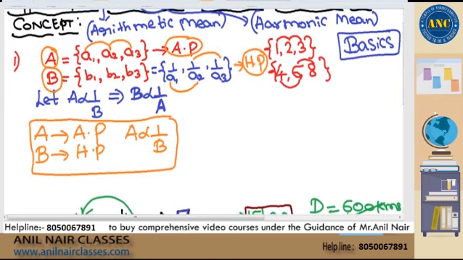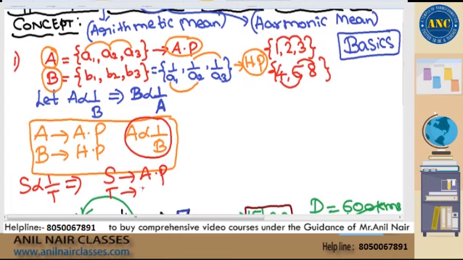Now see here, in this particular topic, speed and time are inversely proportional to each other, right? Similar to A and B. That means, can I say that if speed is in arithmetic progression, then the time period will be in harmonic progression. Or if time is in arithmetic progression, then the speed will be in harmonic progression.